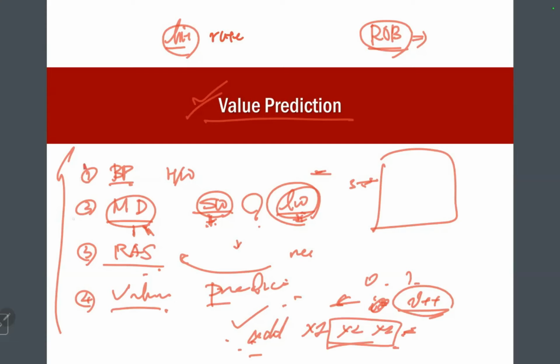But for several prediction techniques in the processor architecture, like branch predictor, memory disambiguation, and return stack, the hit rate is very, very high, higher than 95%. That's why we can apply these prediction techniques. The good thing is that we can improve the performance because the hit rate is very high.